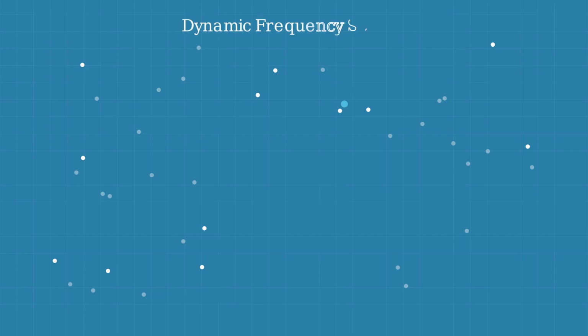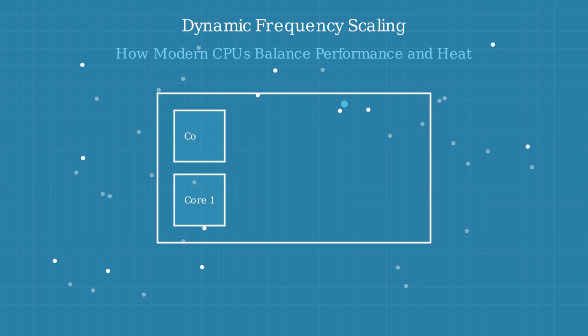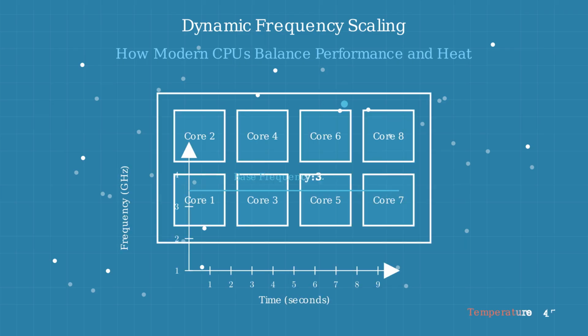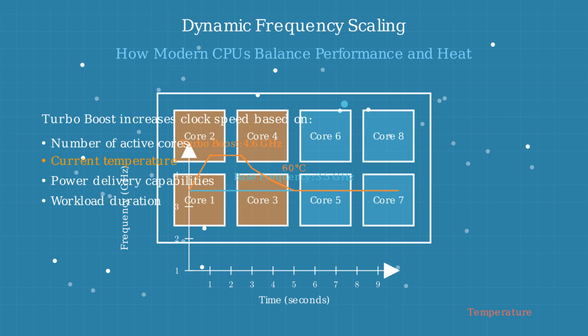Modern CPUs use dynamic frequency scaling technologies like turbo boost to optimize performance while managing heat. At idle or low workloads, most CPU cores operate at their base frequency, generating minimal heat. When demanding tasks are encountered, turbo boost temporarily increases clock speeds to provide extra performance. This frequency boost depends on several factors, including the number of active cores, current temperature, power delivery capabilities, and workload duration.